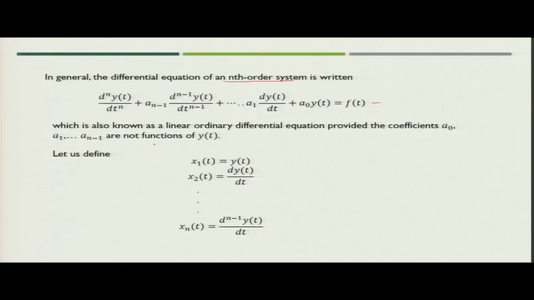So, what we will do? We will assume that a naught to a n minus 1 are not functions of y t, meaning they are constant coefficients. So, what we can do?